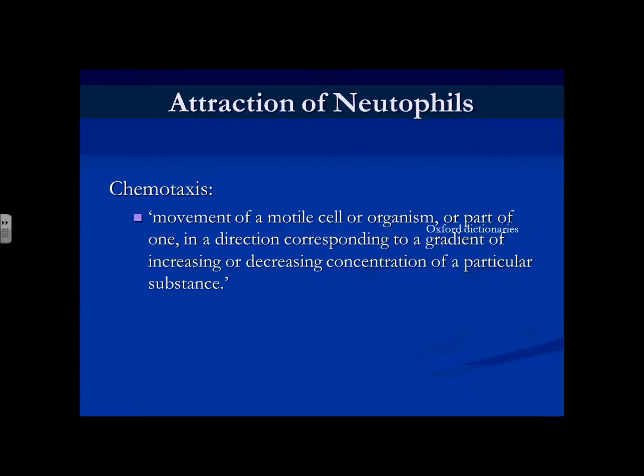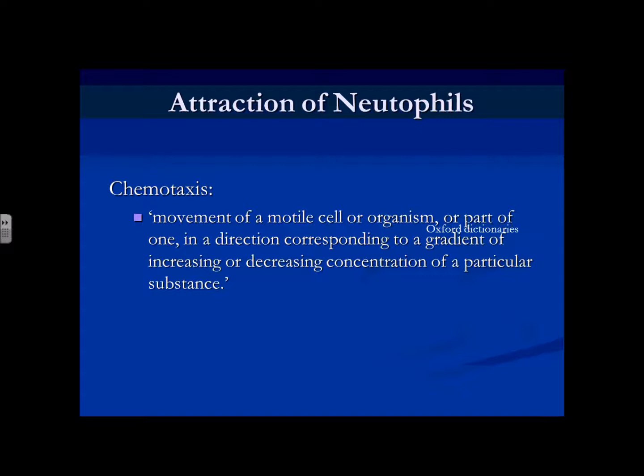Chemical mediators are being released by the damaged tissue, so there's lots of them in the area. The neutrophils recognise that and flood to the area. It's the damaged tissue that is releasing these chemotactic factors, and they mediate the movement.